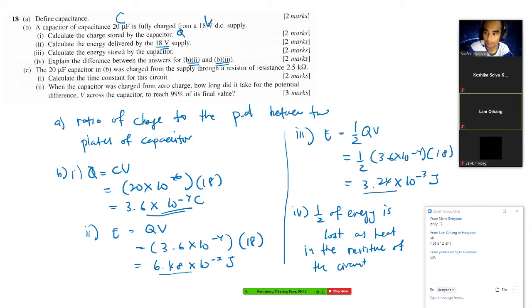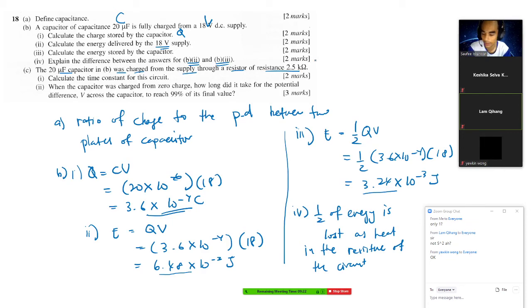Okay, question 18C, the 20 microfarad capacitor in B, the same capacitor was charged from a power supply through a resistor of resistance 2.5 kilo ohm. Calculate the time constant for this circuit.